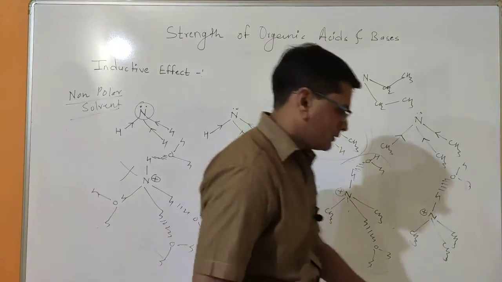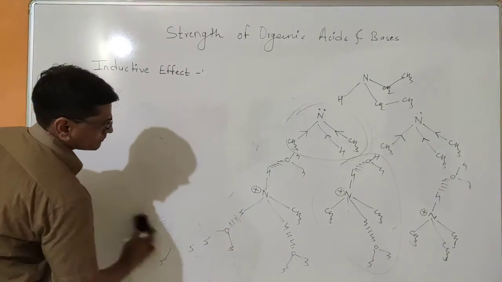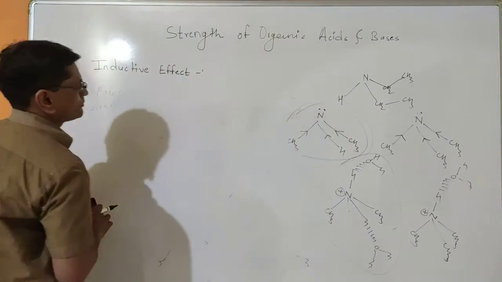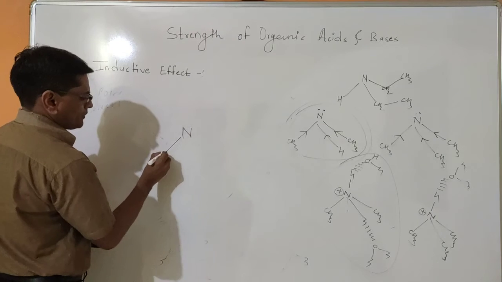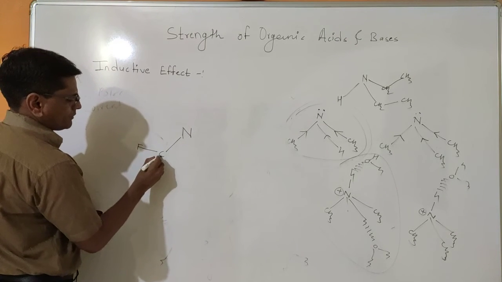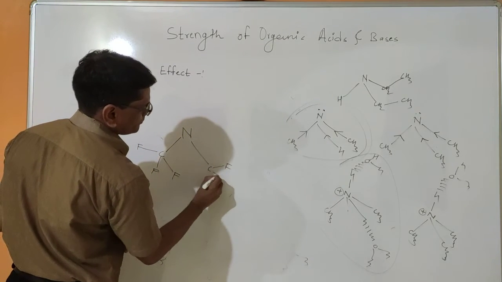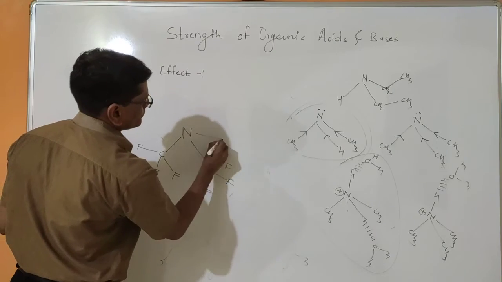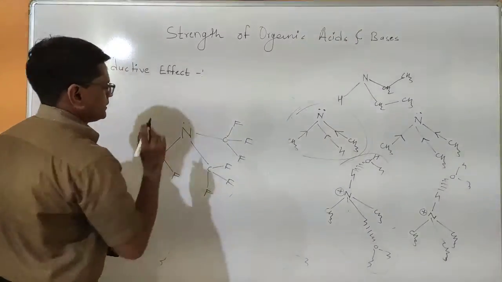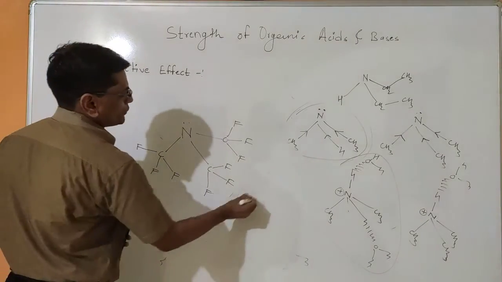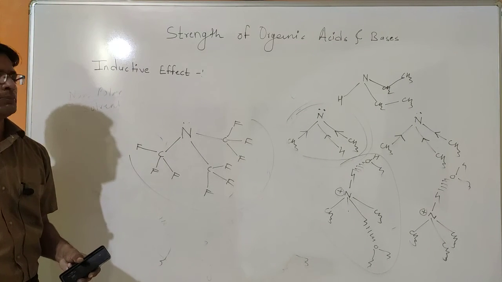Again, one more example we will consider. This is the molecule with CF3 groups. Here you see nine fluorines are present, and fluorine is the most electronegative element in the periodic table.